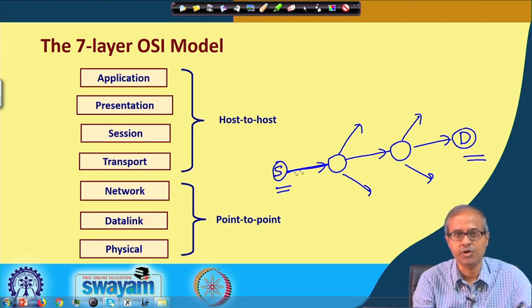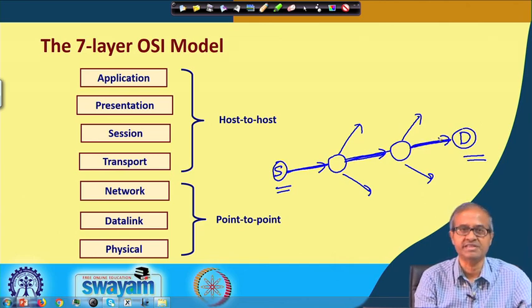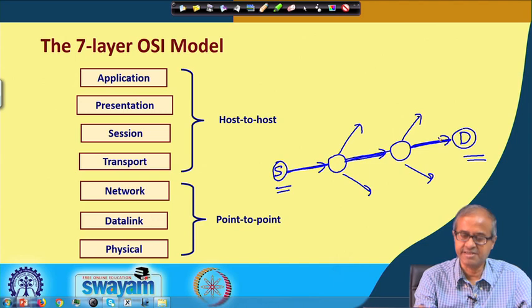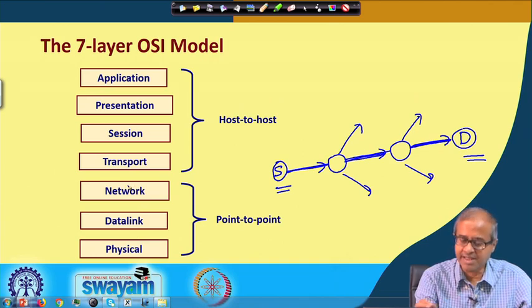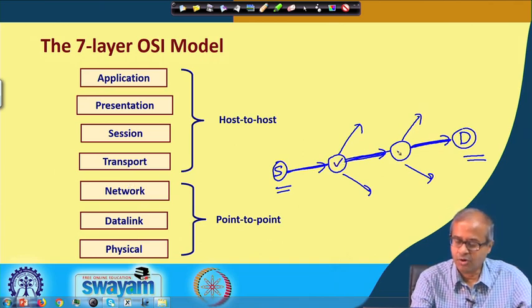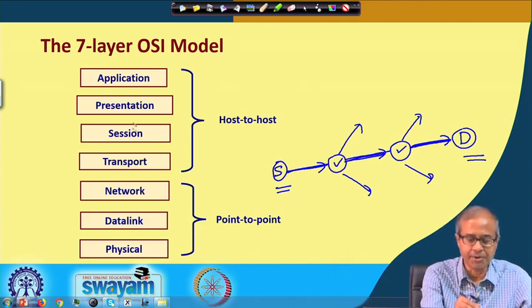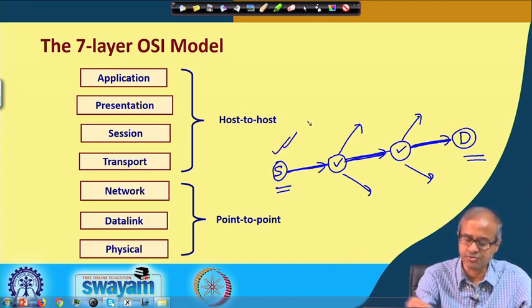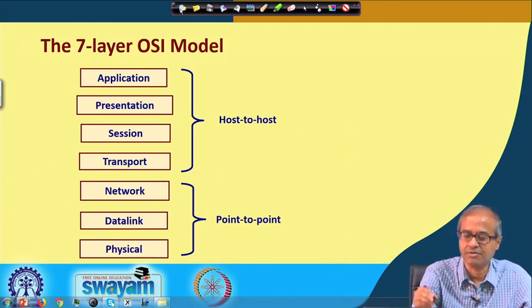So, there is 1, 2 and 3. There are 3 point to point links here, and the lower 3 layers, physical, data link and network, will be active in all these intermediate nodes also, but the upper 4 will be active only in the source and the destination. I will show a diagram.